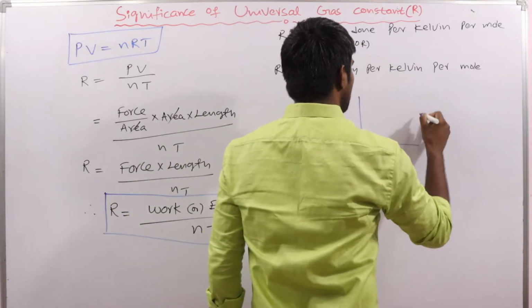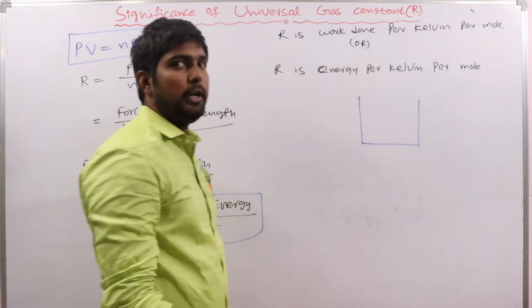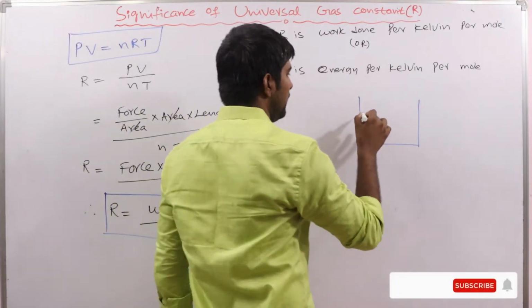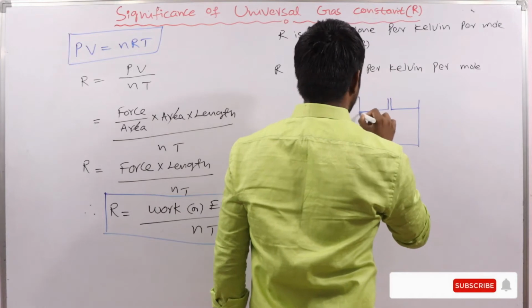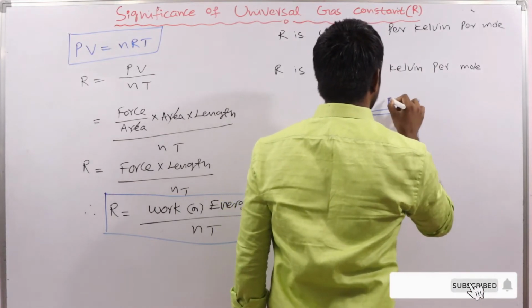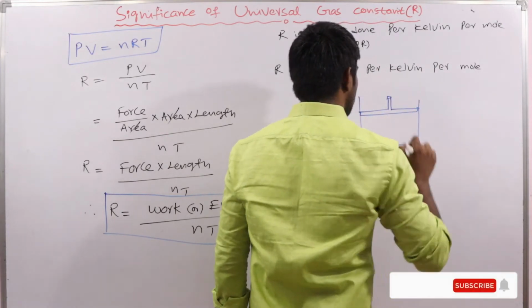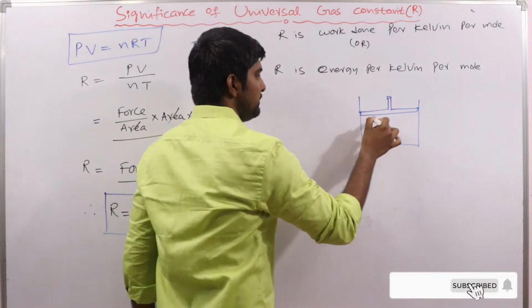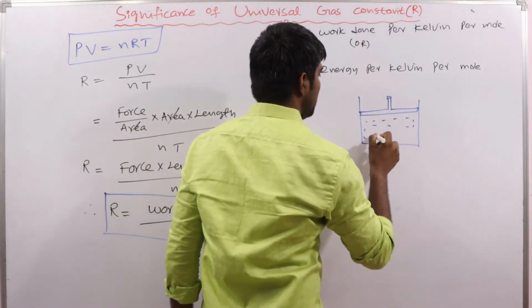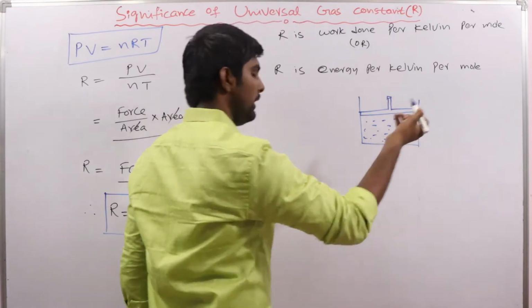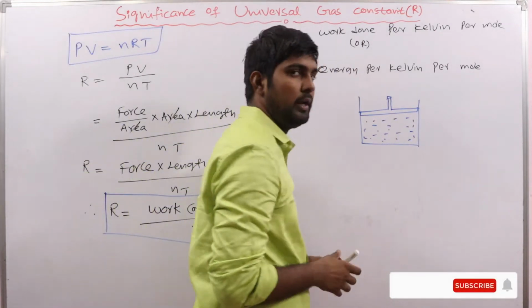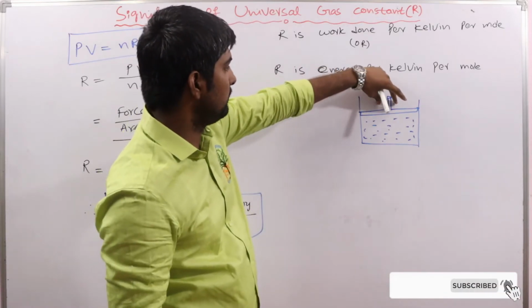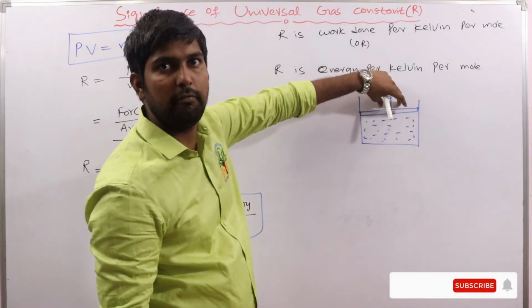Suppose in a container we have some gas present. Let us take a gas, that may be hydrogen, oxygen, whatever it may be. One gas we have taken in a container, and here we have a frictionless and weightless piston.